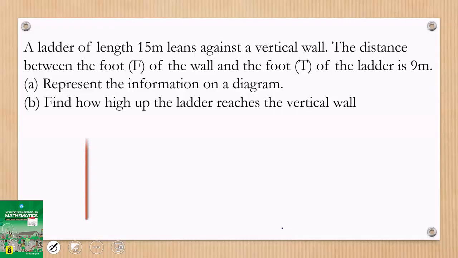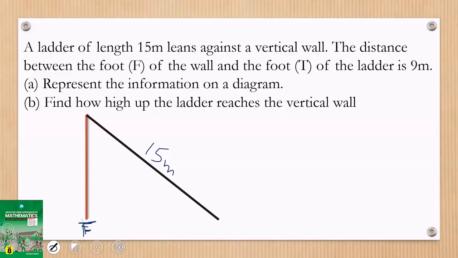So let's assume this is our vertical wall and we lean a ladder against it. The question says that a ladder of length 15, so I can put 15 meters here, leans against a vertical wall. The distance between the foot F of the wall, we want to put F here.